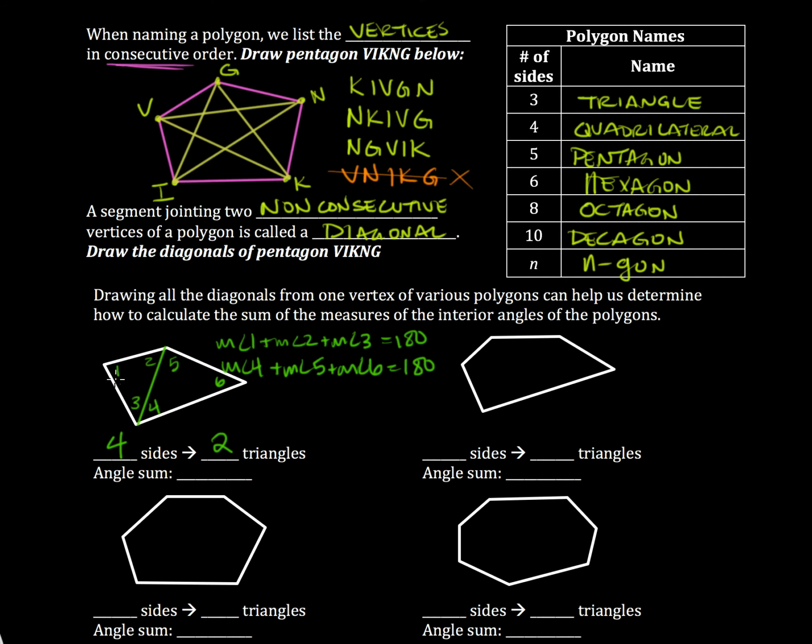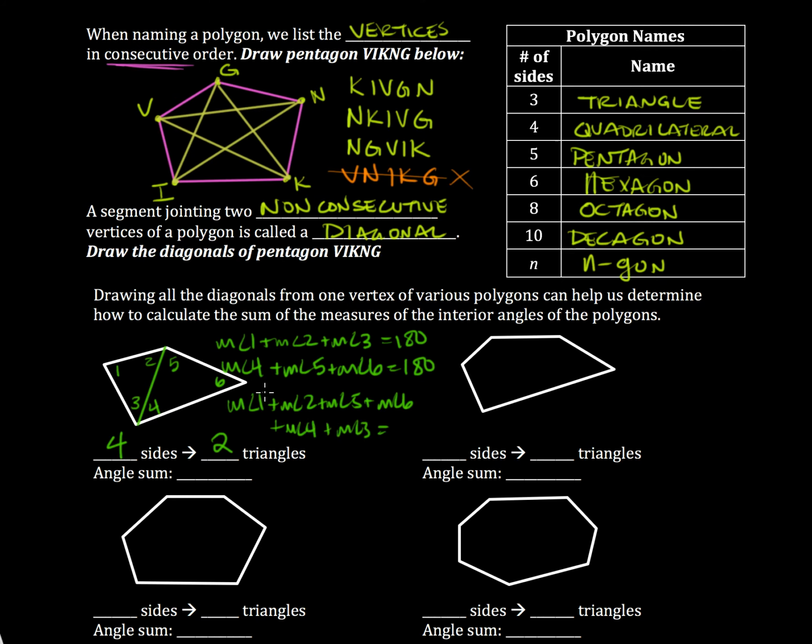And now if I add 1 plus 2 plus 5 plus 6 plus 4 plus 3, that would be all the angles inside my quadrilateral, right? So the measure of angle 1 plus the measure of angle 2 plus the measure of angle 5 plus the measure of angle 6 plus the measure of angle 4 plus the measure of angle 3.